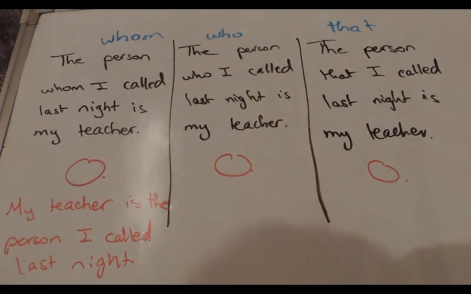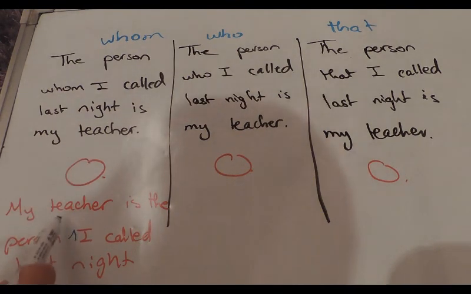So there is a person I'm talking about. I defined who this person is, and I mentioned that I have already called that person last night. So in this case, it is object because my teacher is the person I called last night, just to show that if I want to add whom, I would add it here.